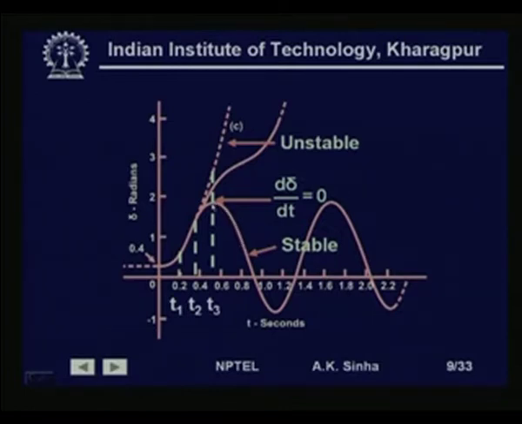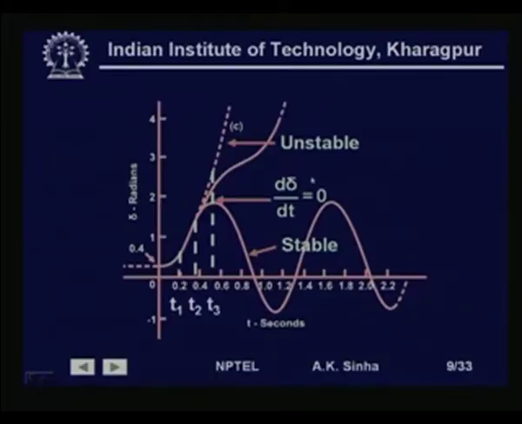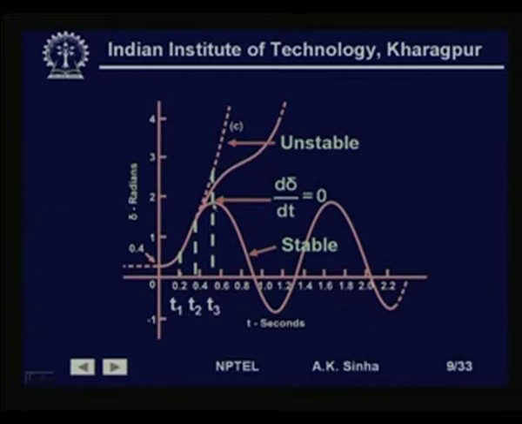That is, there is a point on the delta versus time characteristic where d delta by dt is equal to 0. That is a point at which the change in delta angle with respect to time is 0. All this time it is increasing, then this change keeps on reducing, it becomes 0, and then it becomes negative. That is, the delta angle keeps on reducing.